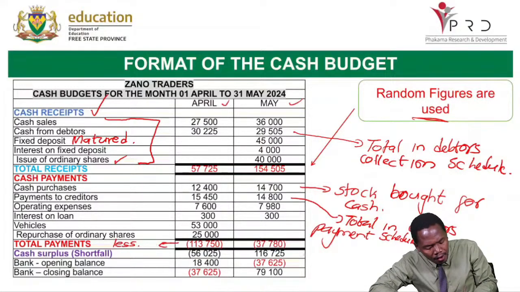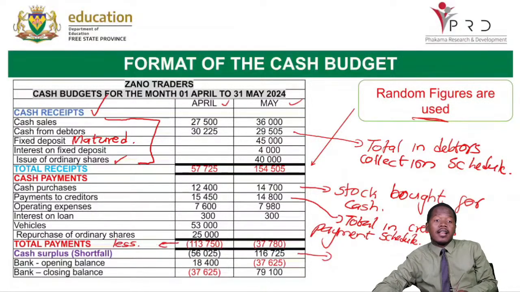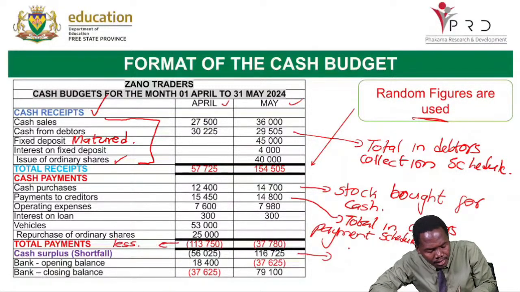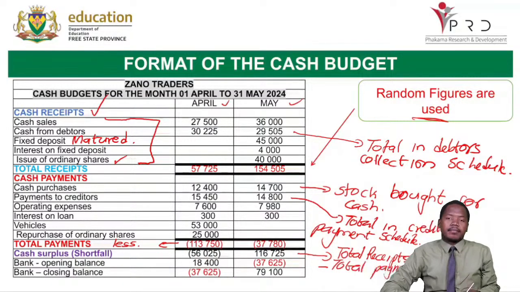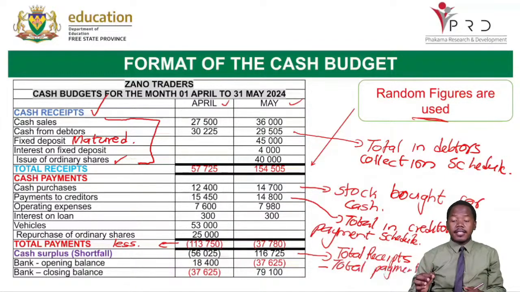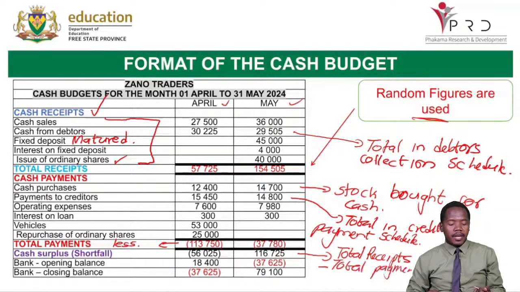Okay, now for me to get total cash surplus or shortfall, I will take my total receipts minus total payments. Total receipts minus total payments. And then we get our cash surplus or cash deficit.